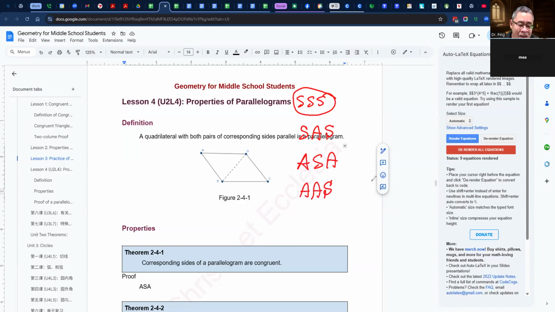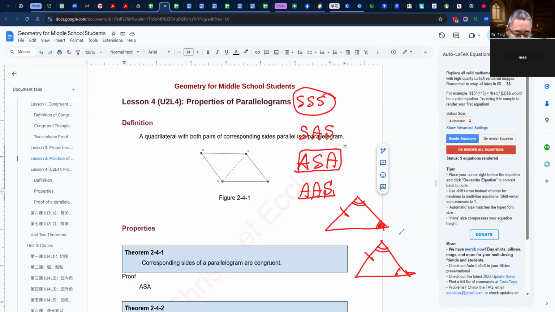Angle angle side. Well, because we're talking about triangles, angle angle side is pretty much the same as angle side angle. Because if we say we got those two triangles, if this side is congruent and this angle is congruent to this angle and this angle is congruent to this angle, well, because they add together we'll get 180.